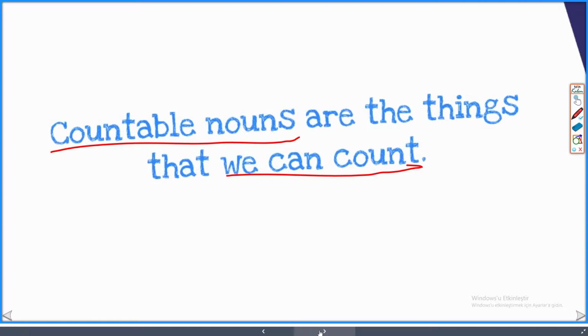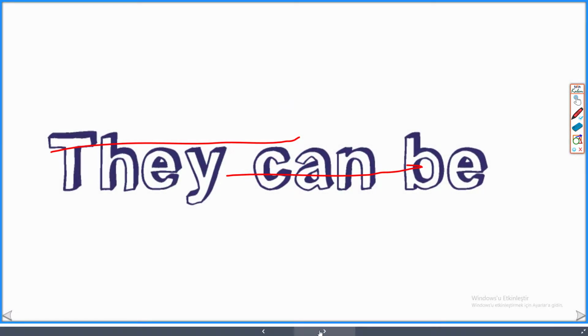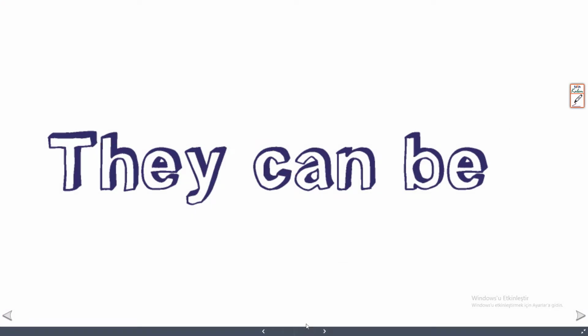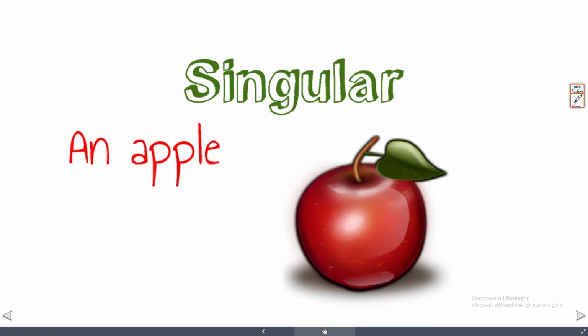And guys, they can be singular. For example, an apple. We can count an apple, and we can count it because it is singular.